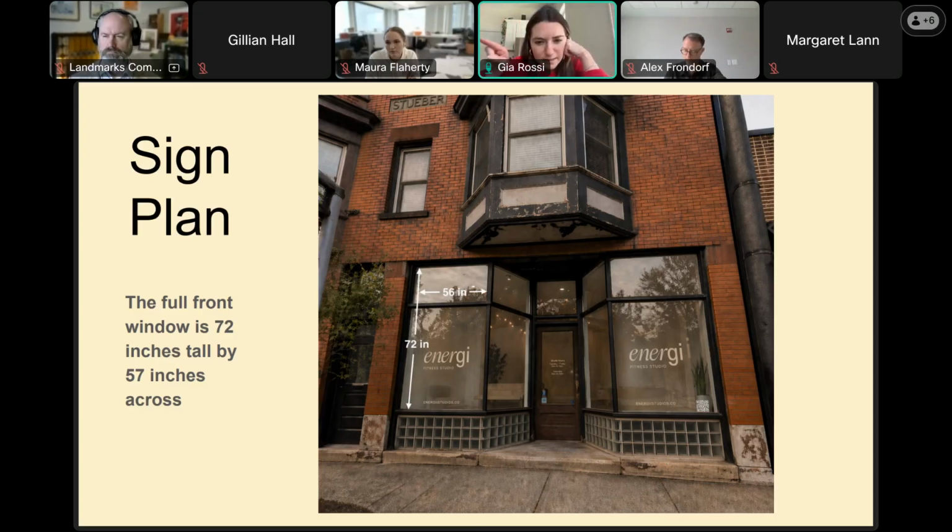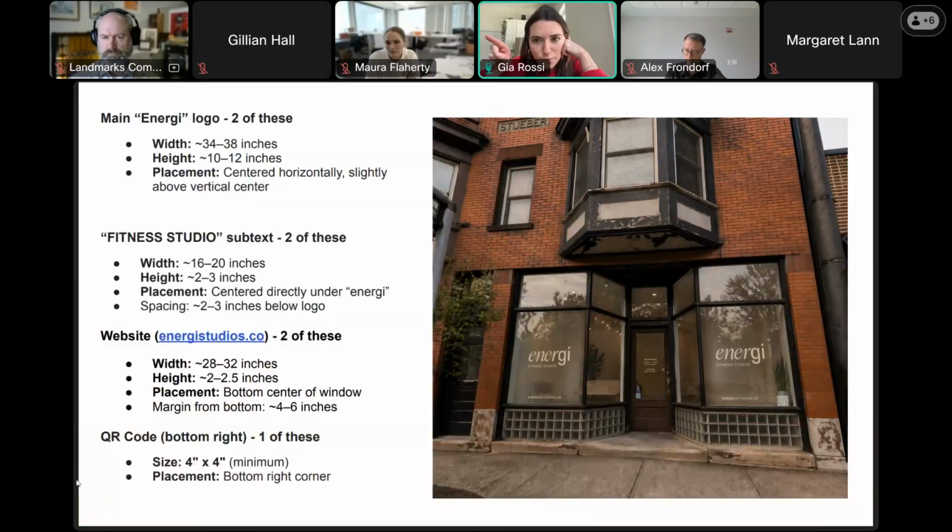The next slide shows the specific sizes. The Energy logo itself will be about 34 to 38 inches width-wise and 10 to 12 inches height-wise, centered horizontally in both of the windows.